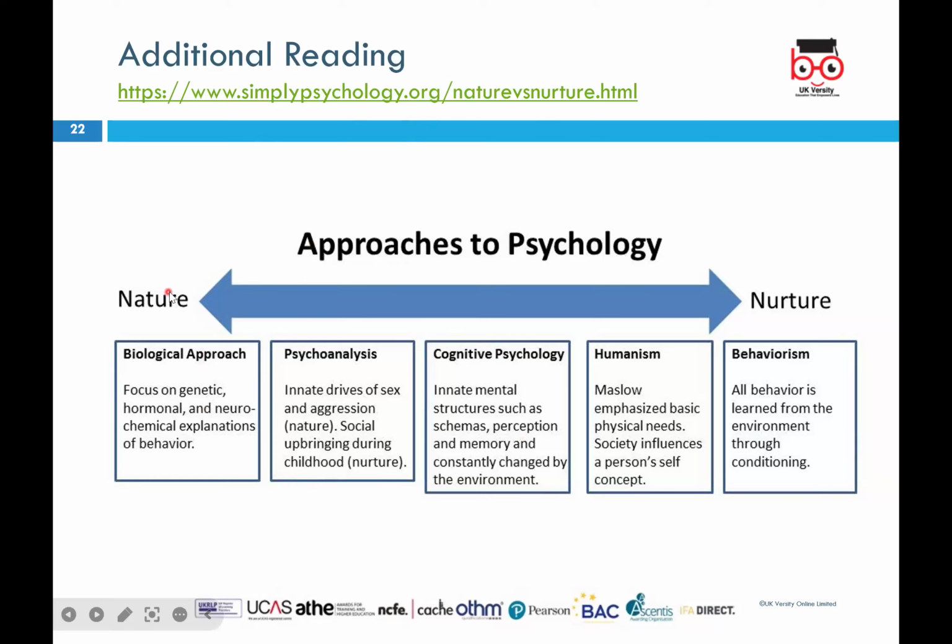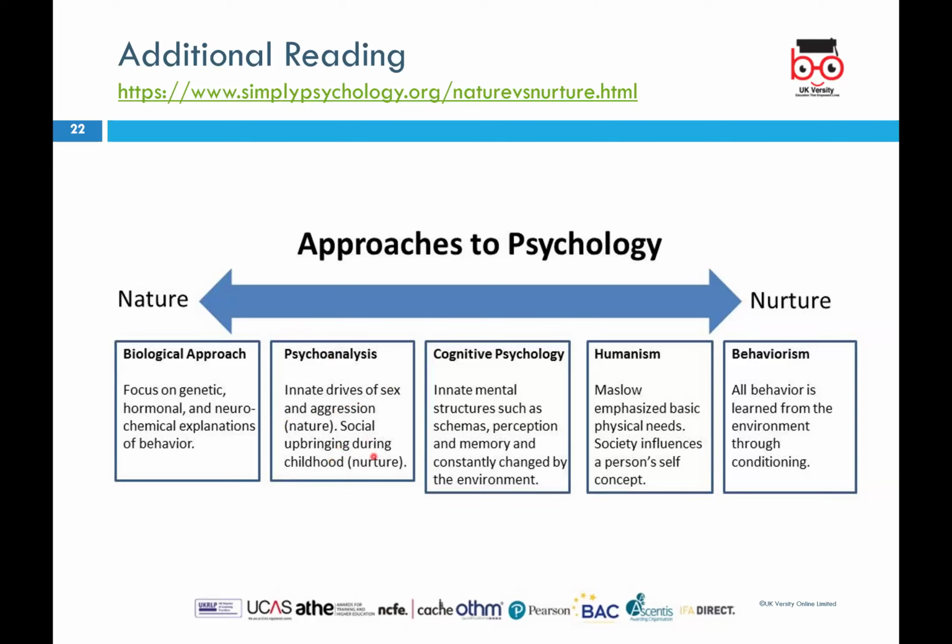When we move from here to here in this arrow, the biological approach says that there's more focus on the genetic, hormonal, and neurochemical explanations of behavior, and there's psychoanalysis, where there are innate drives of sex and aggression. There's social upbringing during childhood, which is nurture.